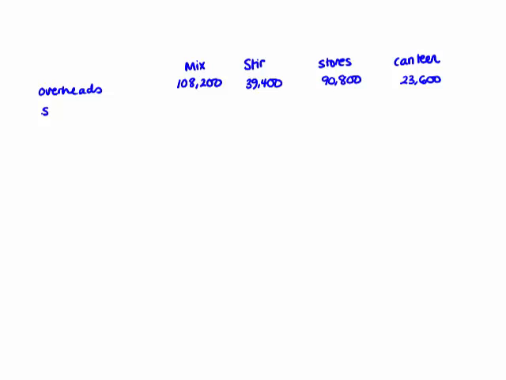So what we're going to do then is allocate out the stores costs in the proportion 50, 30, 20, but instead of allocating the 90,800, we're going to allocate out the total that gets allocated from stores in one go. So 50% then to the mixing department and 30% to the stirring department.